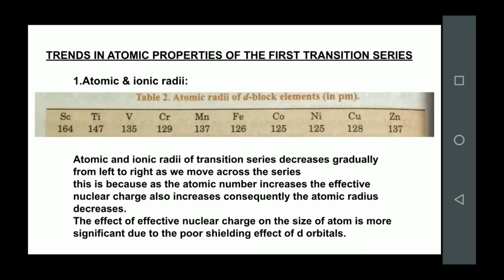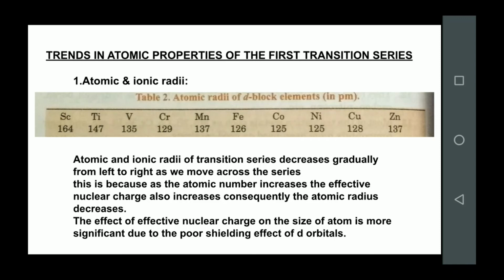Now here in the table you can see the 3d series along with its atomic radii. You can observe that from scandium to zinc the atomic radii is decreasing from 164 to 137. You will observe a gradual decrease in the atomic size from scandium to chromium.